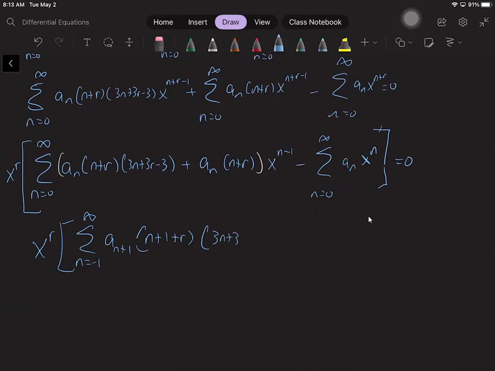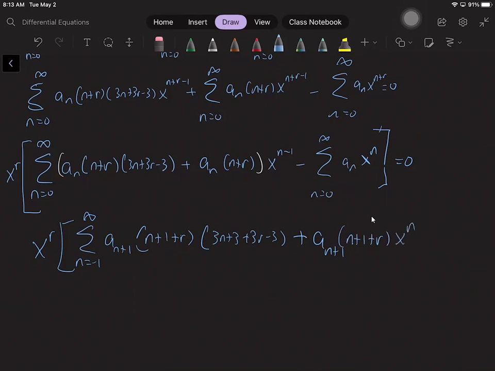That'll become 3n plus 3 when I switch that to n plus 1. So just taking a quick little shortcut there. This will become plus a_(n+1) (n plus 1 plus r).